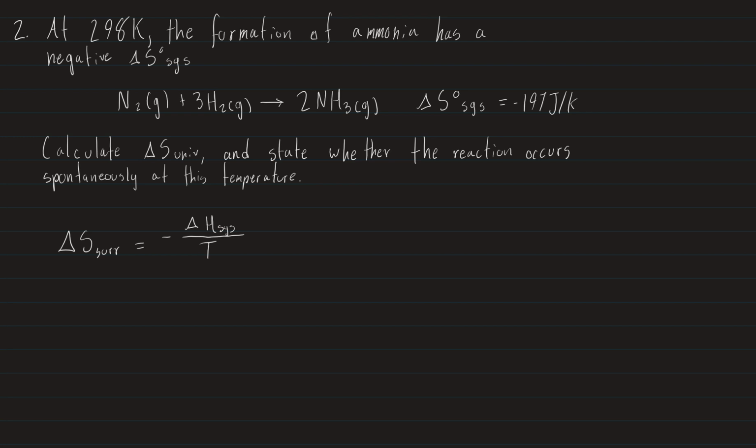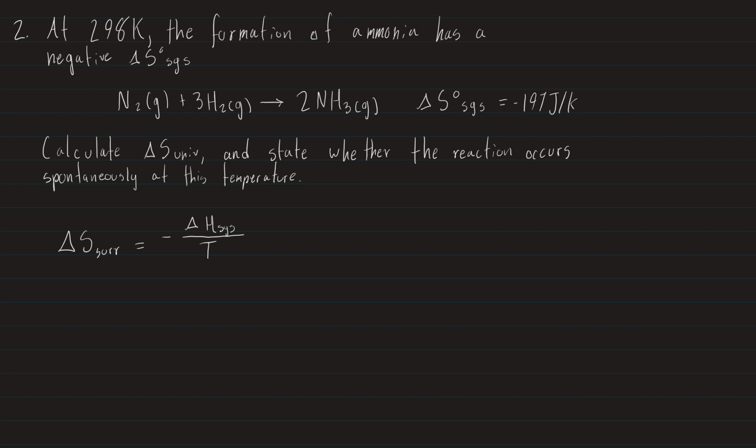So we have the equation below: N2 gas plus 3H2 gas yields 2 NH3 gas. And we can see here that the change in entropy of the system is negative 197 joules per Kelvin.